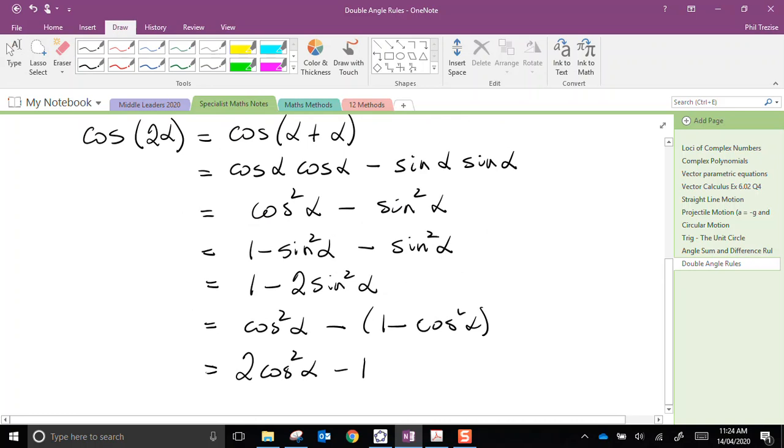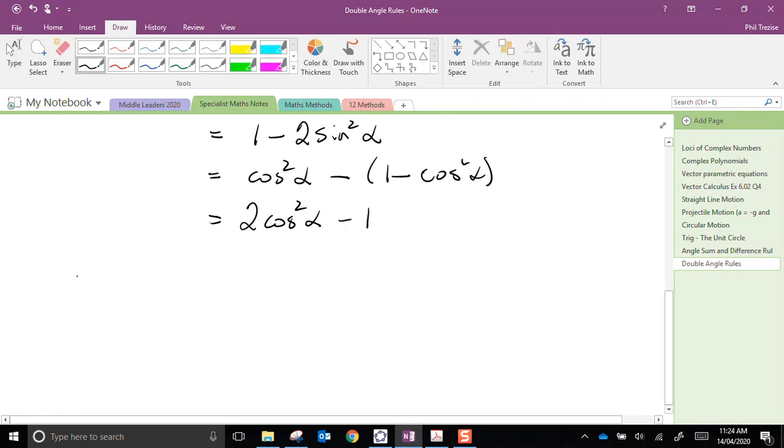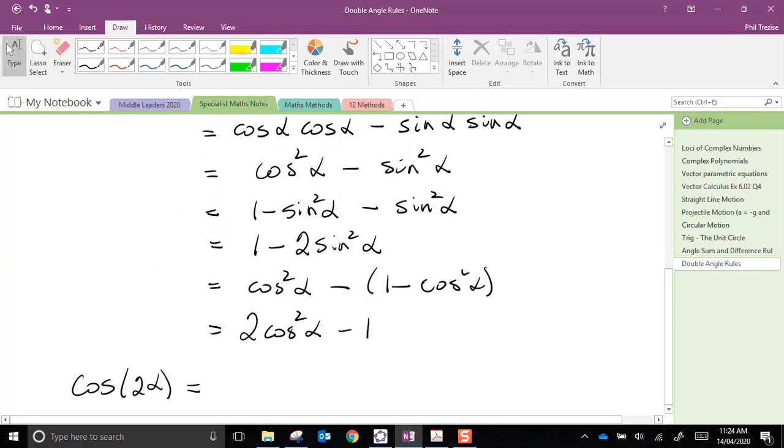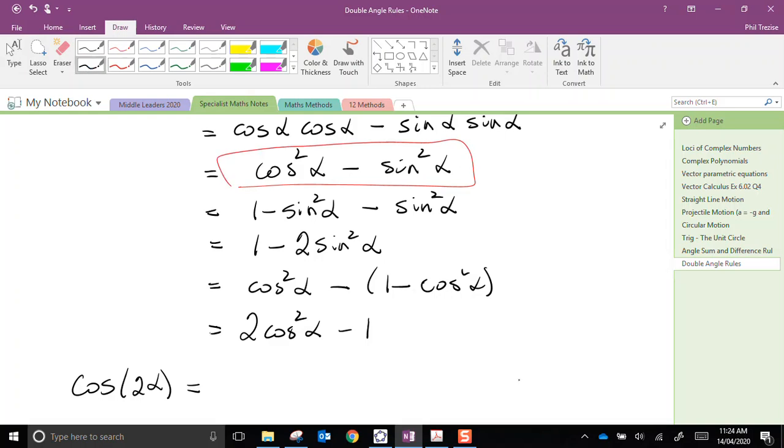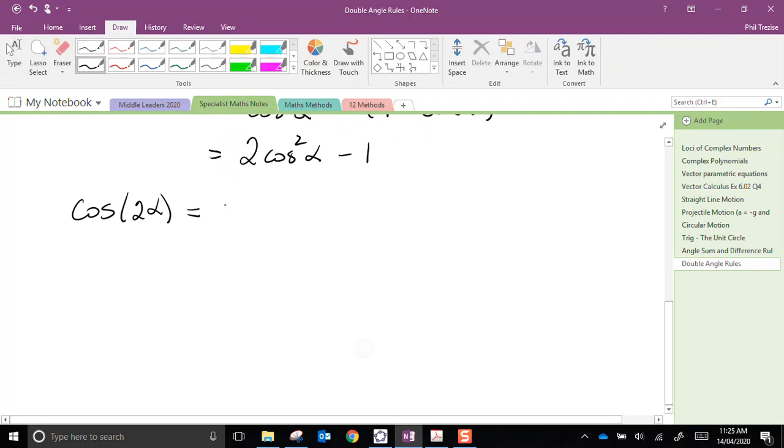I might write those out a bit more neatly. So this all started life as cosine of 2 alpha and the first useful expression was this one, cos squared alpha take sine squared alpha.